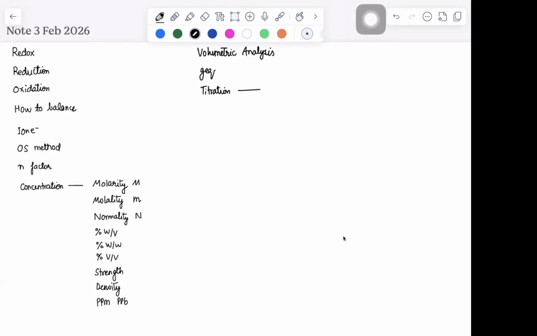Under titration, it can be acid-base titration. It can be oxidizing agent, oxidizable material. It can be reducing agent, reducible material.